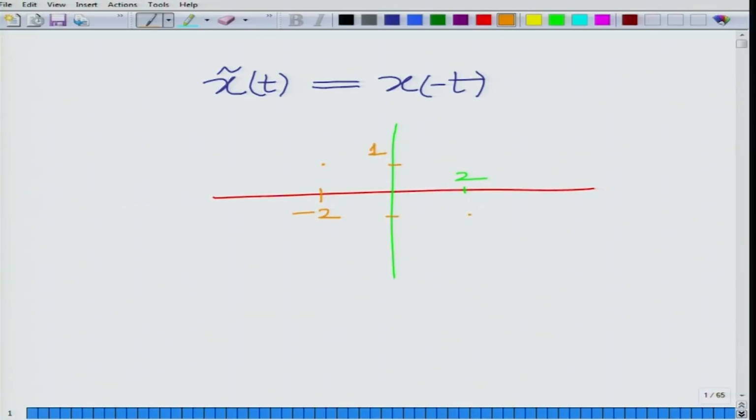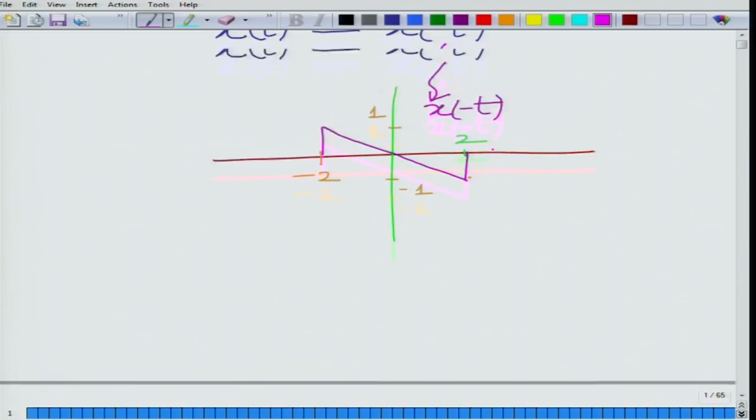Okay, so this is 1, this is minus 1. So this is your x of minus t.